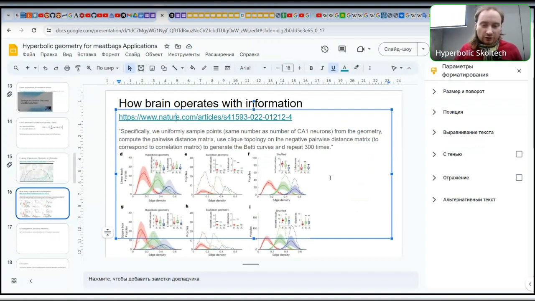They did the following things. Roughly speaking, I won't go into details. Try to read this article for yourself if you are interested. But the method behind this, in the context of hyperbolic geometry, is the following.